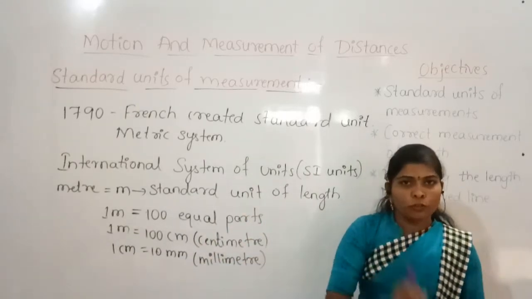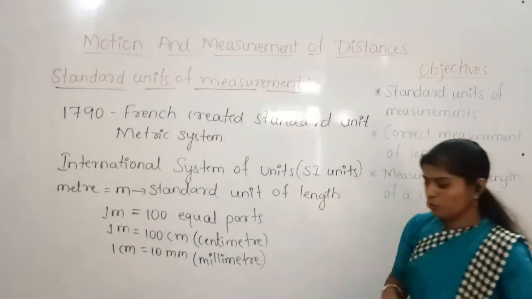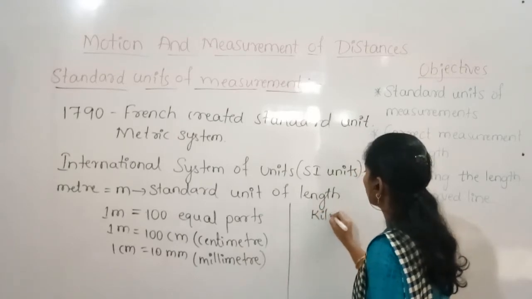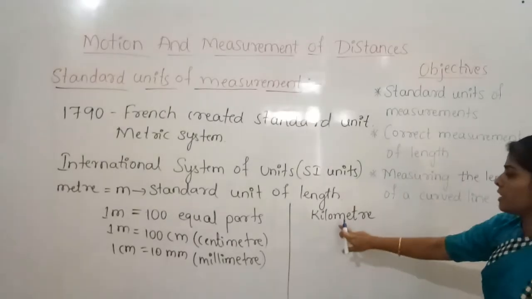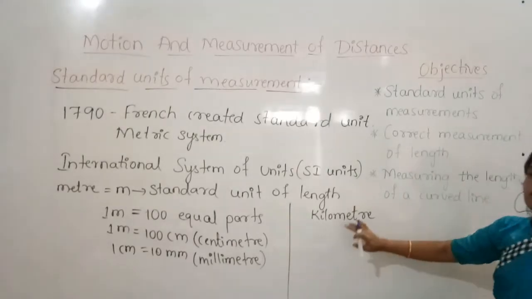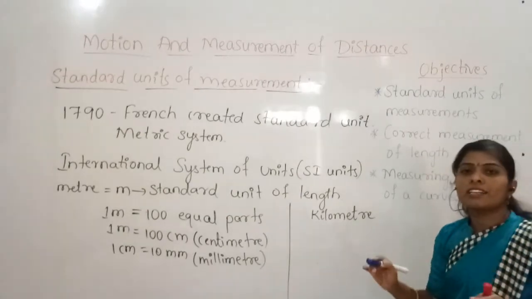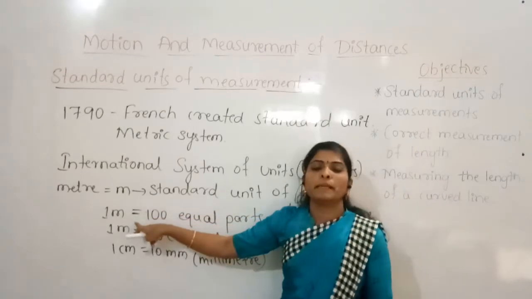So to measure such a large distance, we use one more unit, that is called kilometer. The kilometer is the unit of length which we use to measure larger distances, which is not convenient to measure by the meter scale.